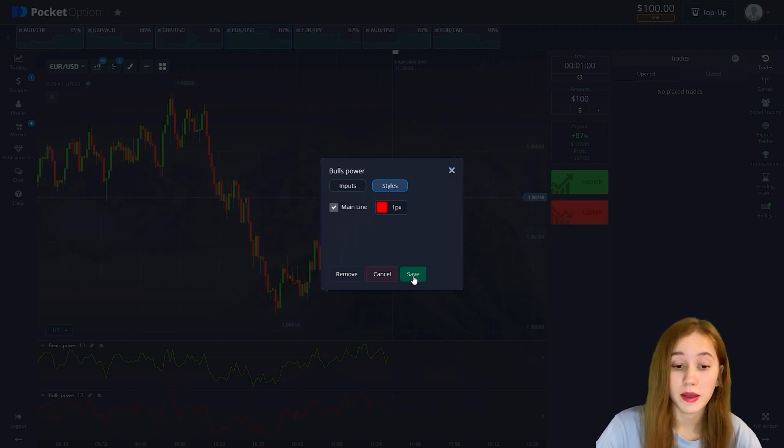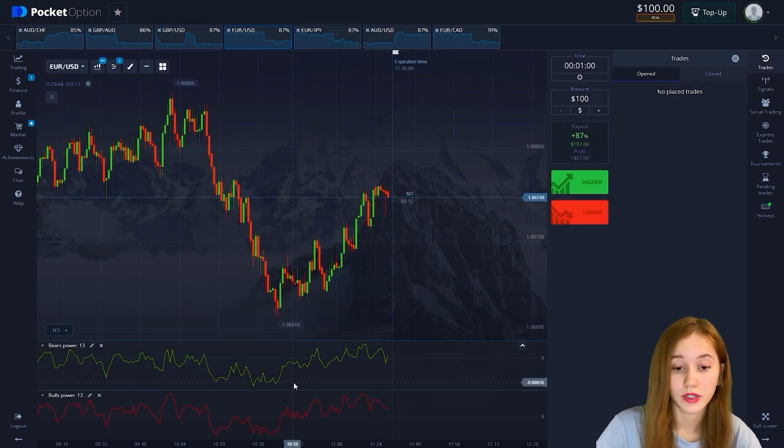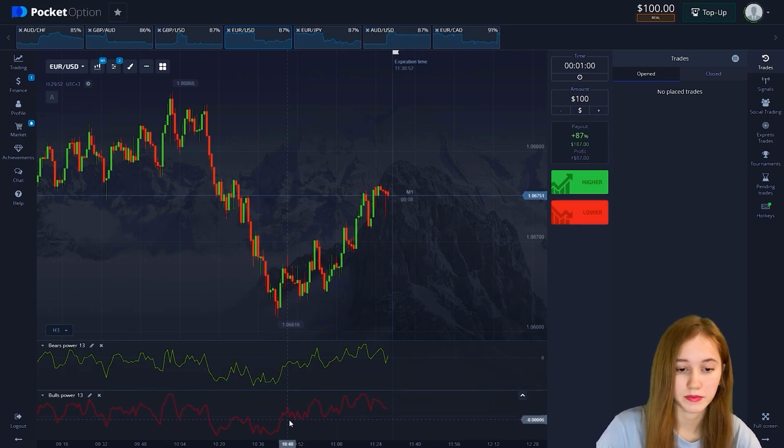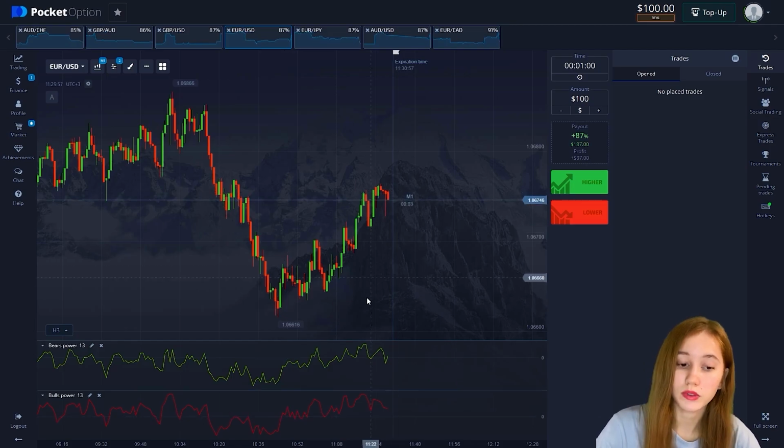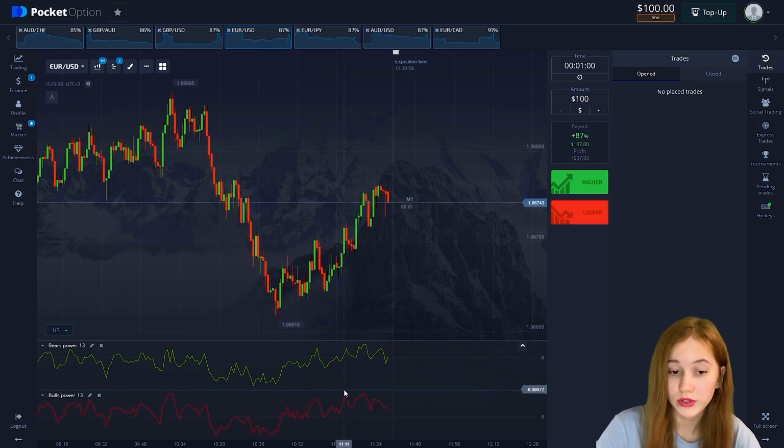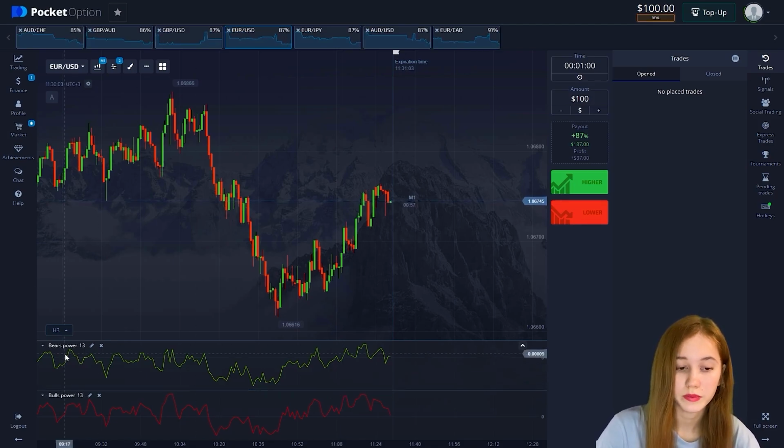So this is a simple and effective analysis tool, if anything. This indicator allows you to determine the mood of the bulls, that is, an upward trend. Most often it's used in conjunction with an oscillator, which we will use.